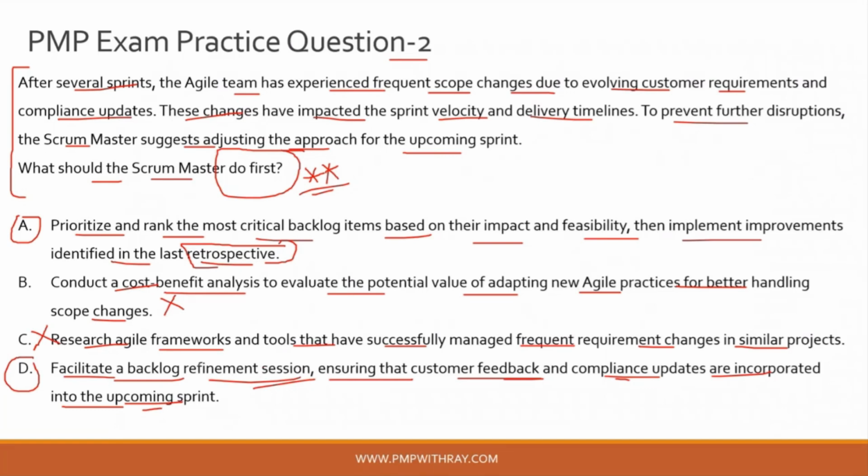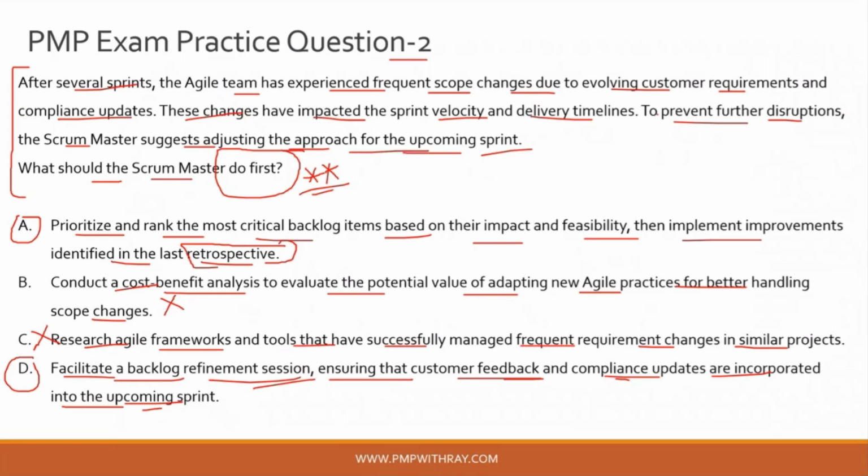However, option D is totally ignoring the learn from experience aspect, right? Because backlog refinement can happen anyway. That is something you need to do as part of your ongoing sprint or as part of your opening ceremony for the next sprint, etc. But going to the question stem, it is giving you the direction that to prevent further disruptions, the Scrum Master suggests adjusting the approach for the upcoming sprint.